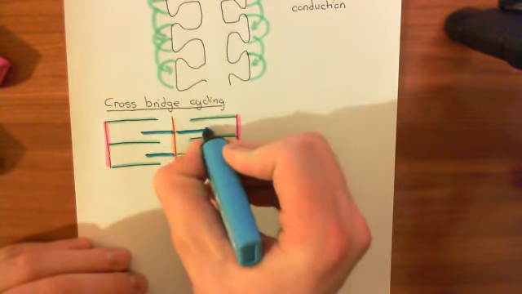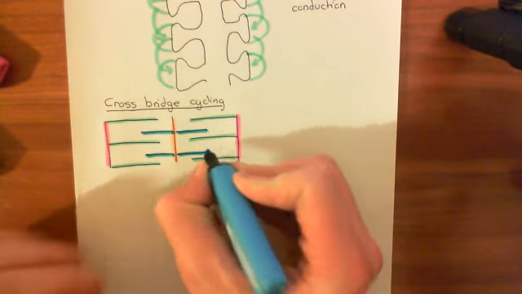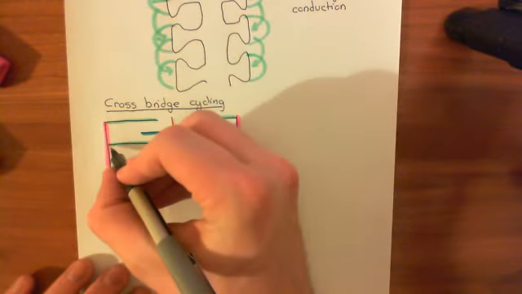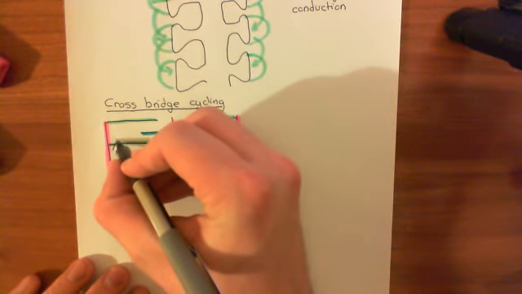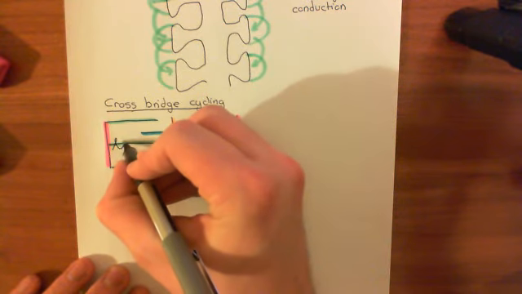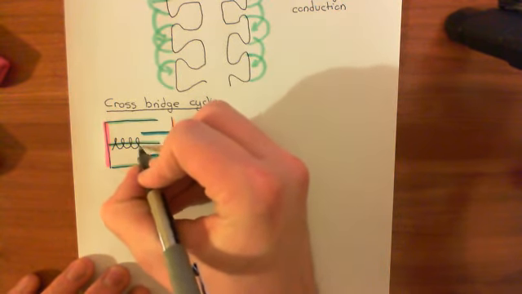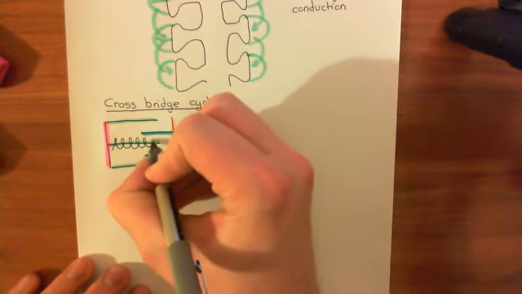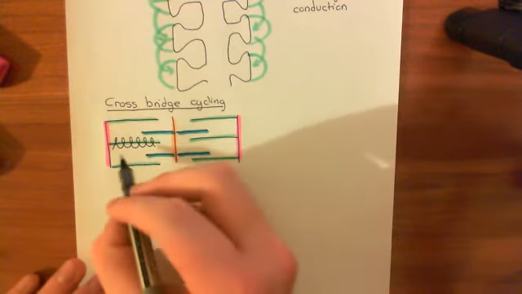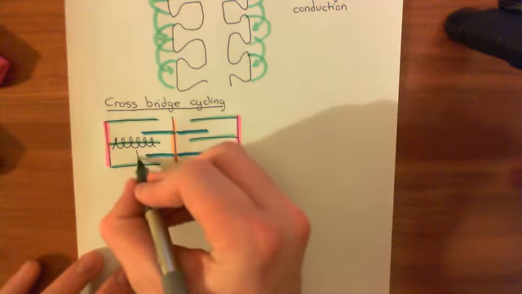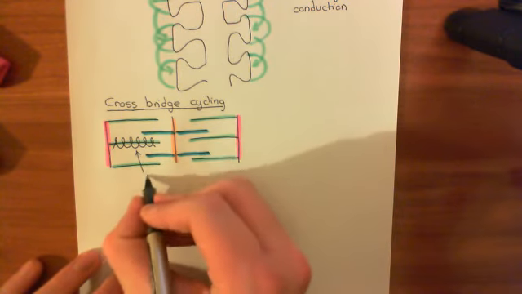Now, there is a protein that I haven't told you about so far. A protein that is wrapped around the actin filaments when the cardiomyocyte is at rest, when it's not contracting. This protein is known as tropomyosin.